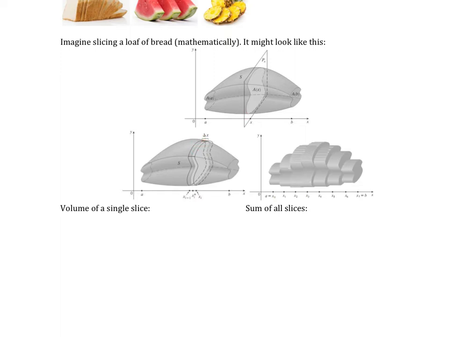If I'm slicing it perpendicular to the x-axis, we're going to make the thickness of this piece of bread dx, or delta x. Okay, so we would say that the volume of a single slice is the area of the slice multiplied by delta x.